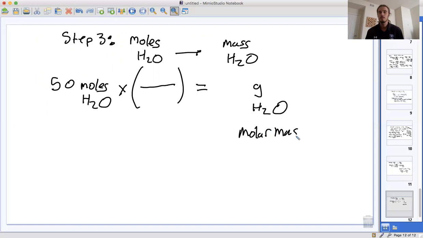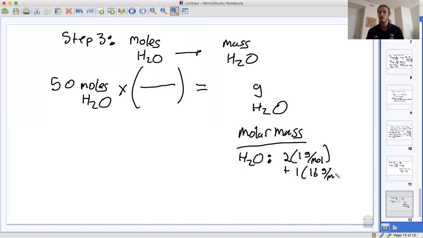Molar mass, right? What's in our toolkit? In our toolkit, we've got molar mass and coefficients for now, right? So the molar mass is what we're going to use to convert between moles and mass for a single substance. So the molar mass for water, 2 hydrogens plus 1 oxygen, that's 18 grams per mole, right?